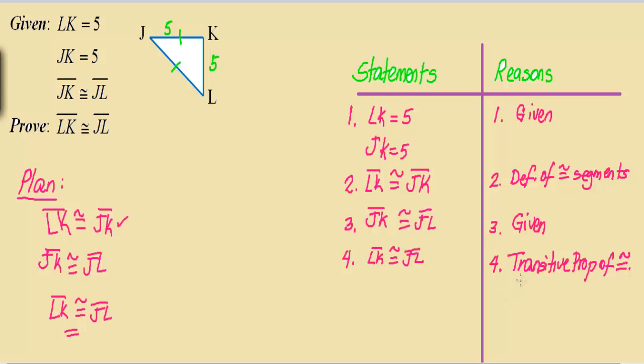And when I use the transitive property, I like to reference what I used it on. I used it on statements 2 and 3 to get to statement 4. So 2 and 3 made up statement 4. And there you have it. That's how you prove this one.